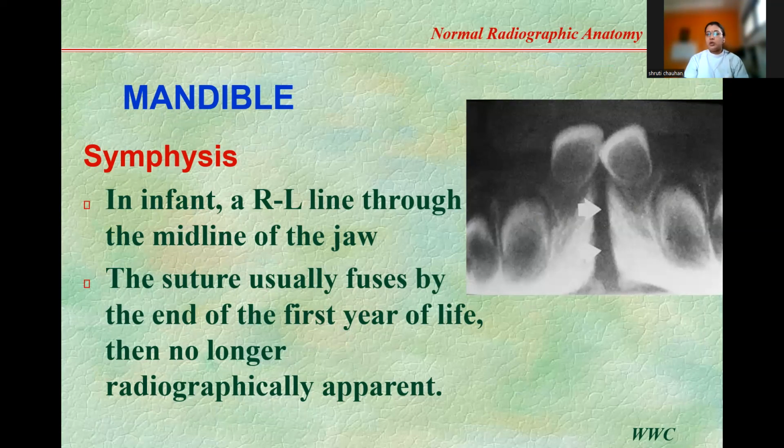Then it is no longer radiographically apparent. Okay. So the intermaxillary suture, when you see it in adults, is usually not apparent or you will see a very faint line, but it is very clearly seen in a newborn where the two halves of the mandible haven't yet fused and there's cartilage in between, right?